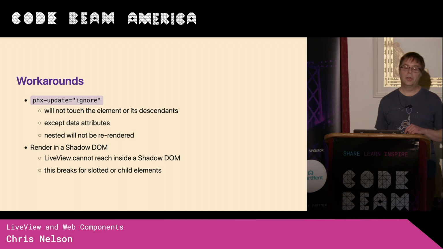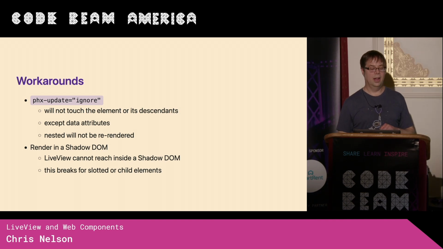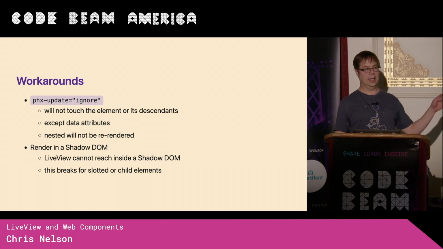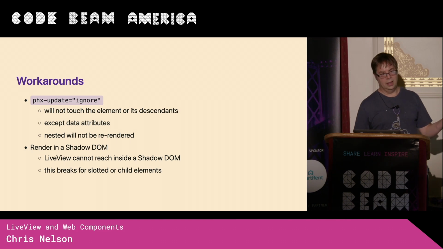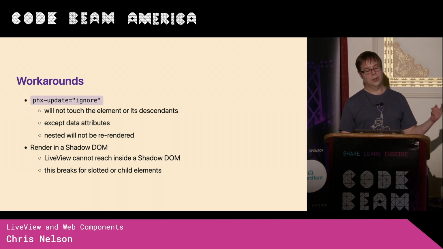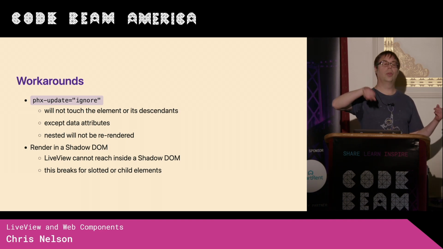So some workarounds for how you might deal with that. Phoenix update attribute set to ignore will tell LiveView, hey, don't touch this element or any of its descendants, except for the data attributes, which then you can use to send data into the custom element. The problem with using that approach is it also means that any of the nested content will not be re-rendered.